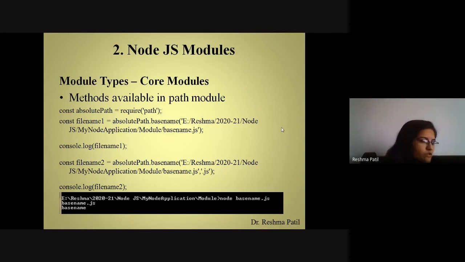Here we are looking at the path module, and in that the first method is base name. Base name returns the last portion of your path, that is your file name.